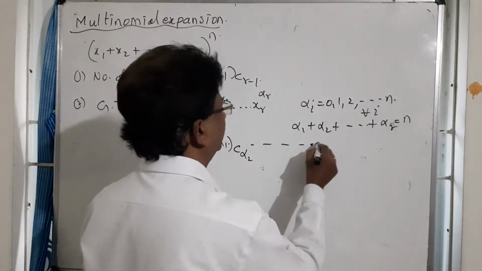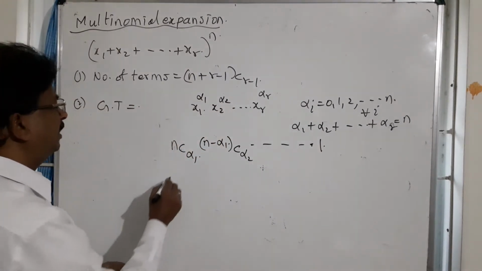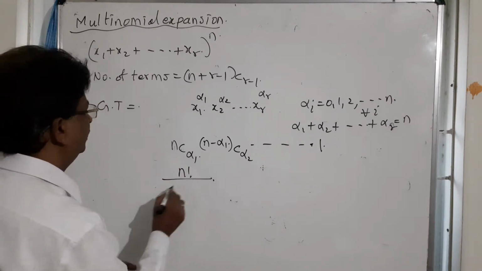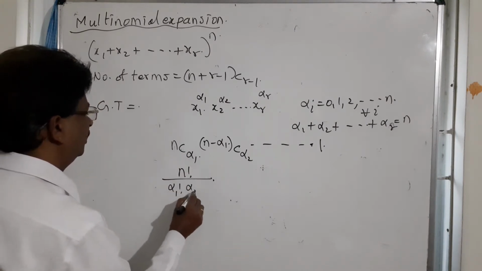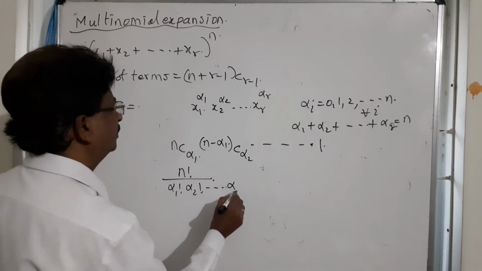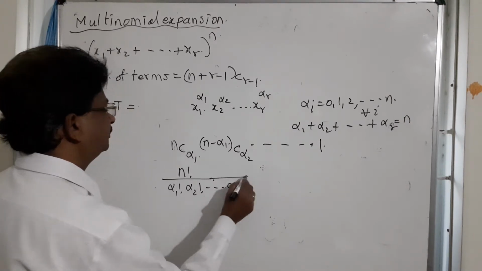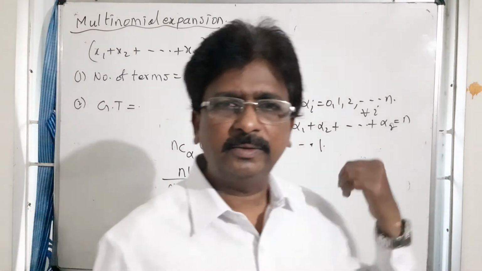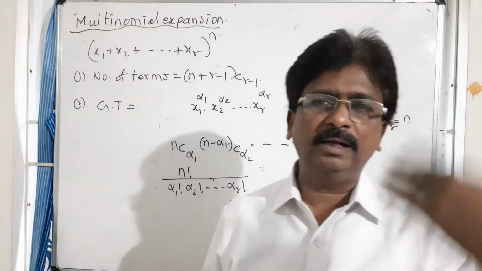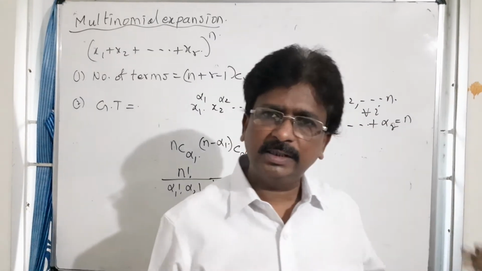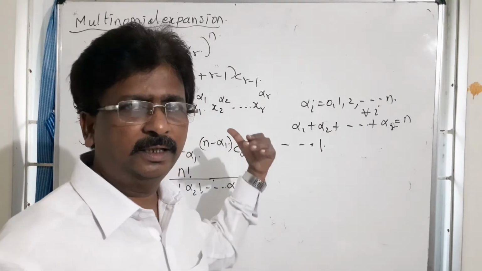finally we will get 1. Now this value will come as n factorial by alpha 1 factorial, alpha 2 factorial, and so on up to alpha r factorial, after calculation. So this is the coefficient of the general term.